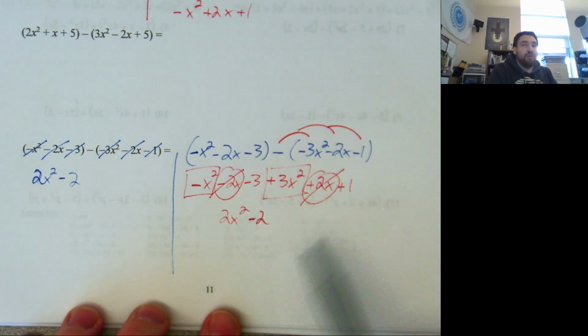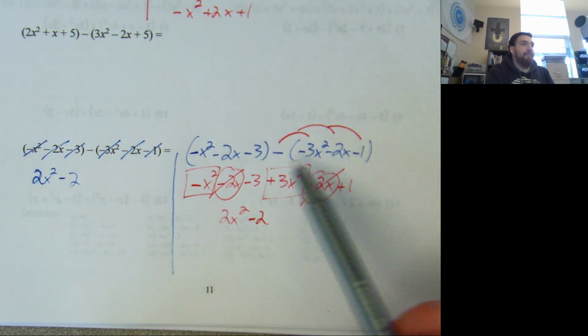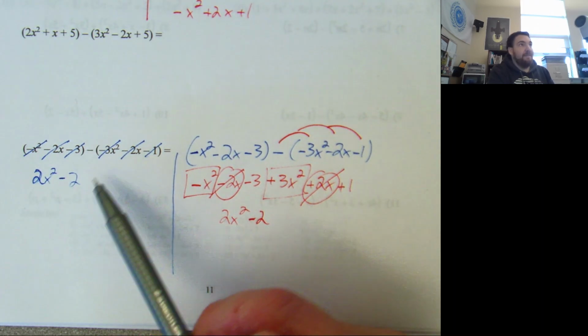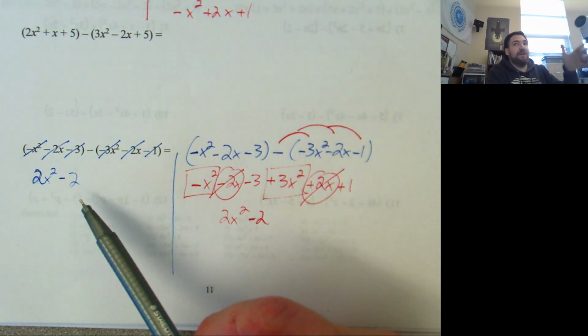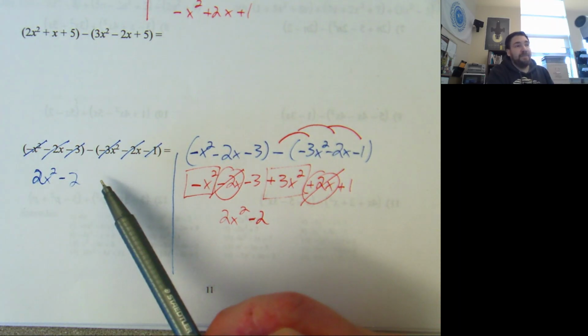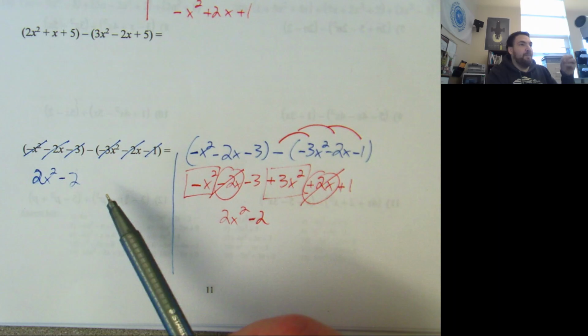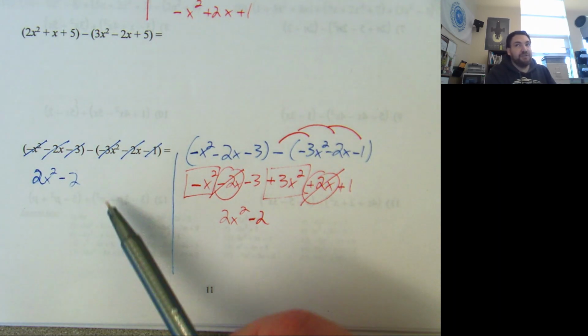This way requires more writing, but you are less likely to screw it up. This way, thinking about it piece by piece, I think actually makes more sense with how you're subtracting, but it's less written on the paper, more to keep track of in your head, and you're more likely to screw this one up.